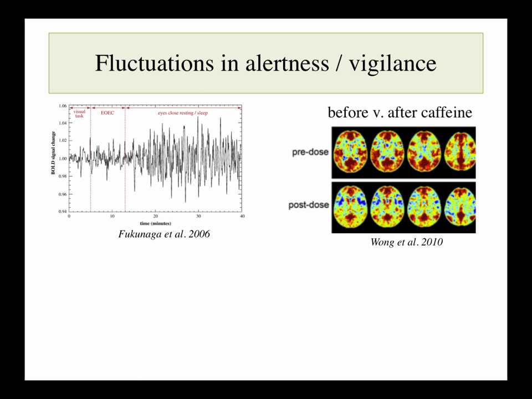A neural effect that can impact fMRI signals globally is fluctuations in alertness or vigilance levels. In resting state especially, people can get really sleepy during our scans. Unless the goal is to study alertness in itself, this might end up being a confound in your study. There have been effects in fMRI data shown to happen when people become drowsy or fall asleep.